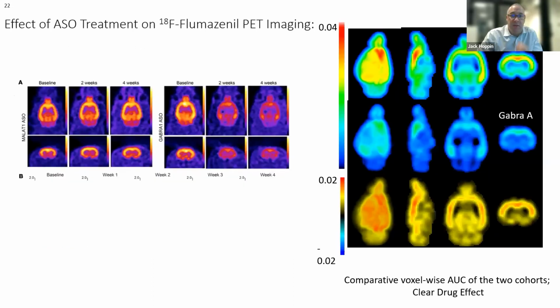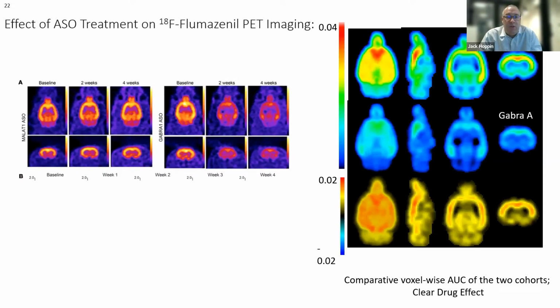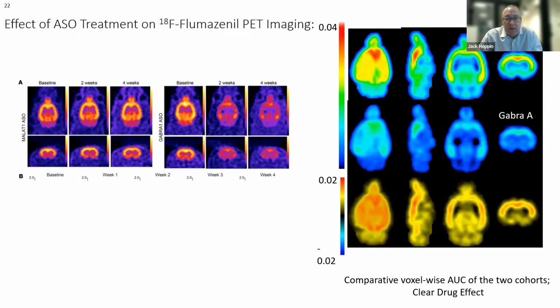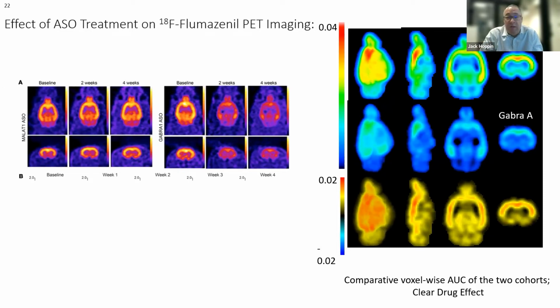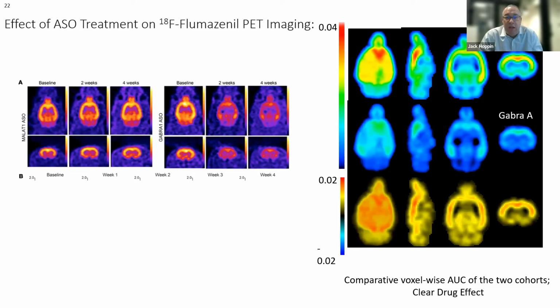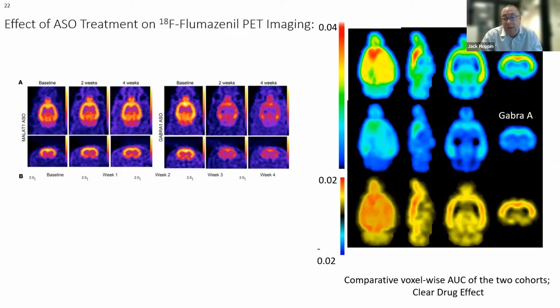In this case, there was also a great PD readout. Given that the ASO was targeting to knock down GABA expression, we were able to image these rats at 4 weeks, or actually longitudinally, with flumazenil, and it's, I think, striking.